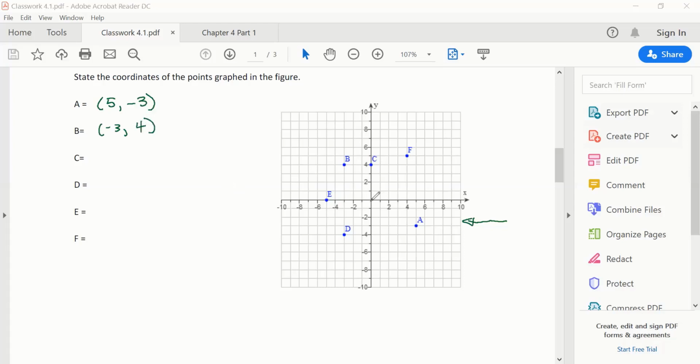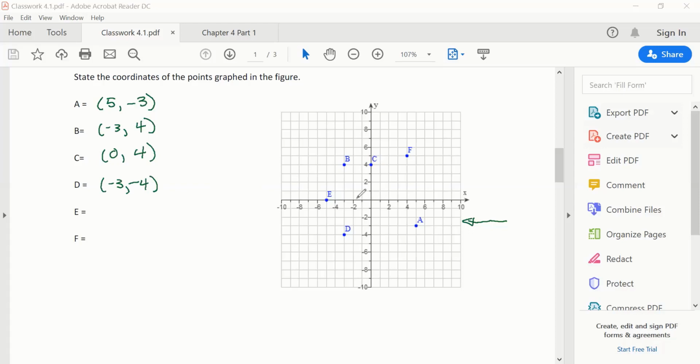C in the x direction goes 0. And it also goes up to 4. D is going -3 in the x direction. And down 4, so -4.